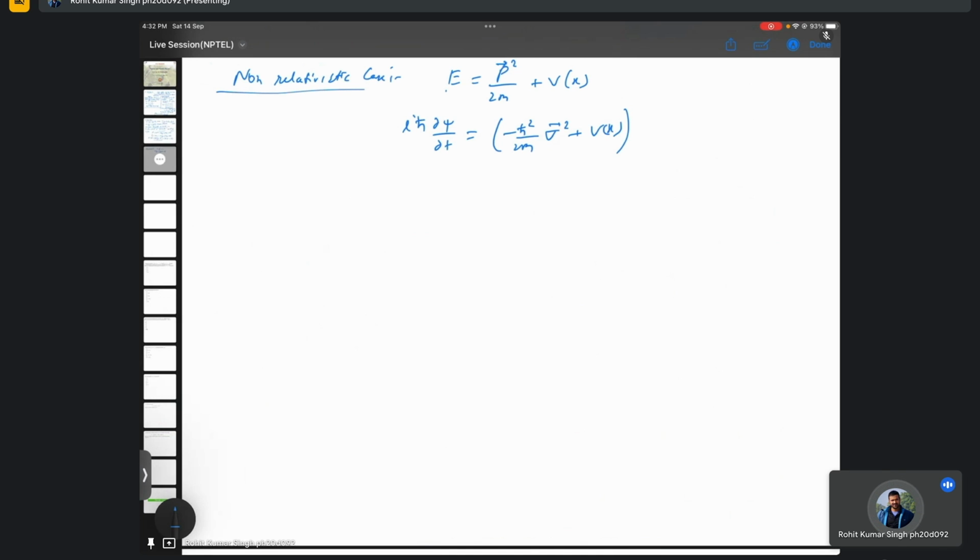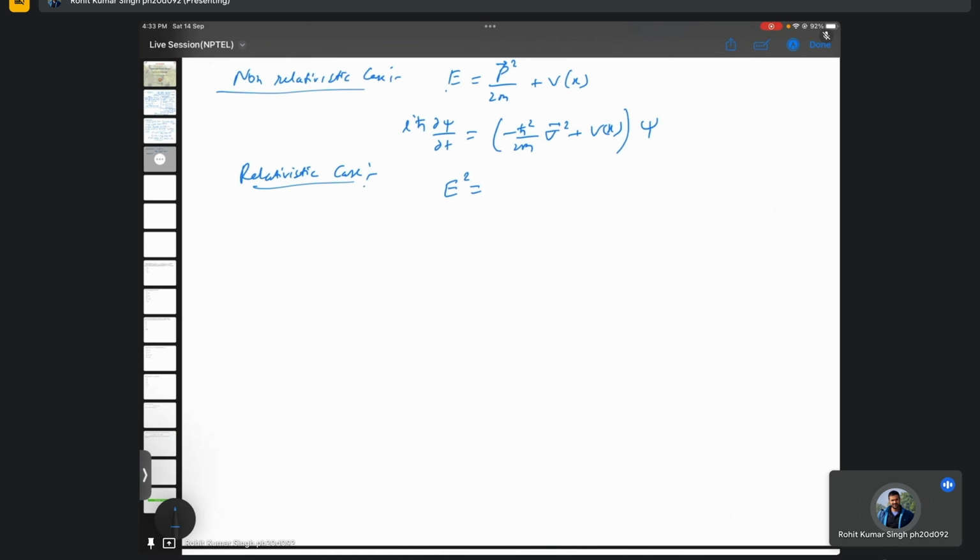The time-dependent Schrodinger equation. Okay. Now, in the relativistic case, what do we have for the energy?